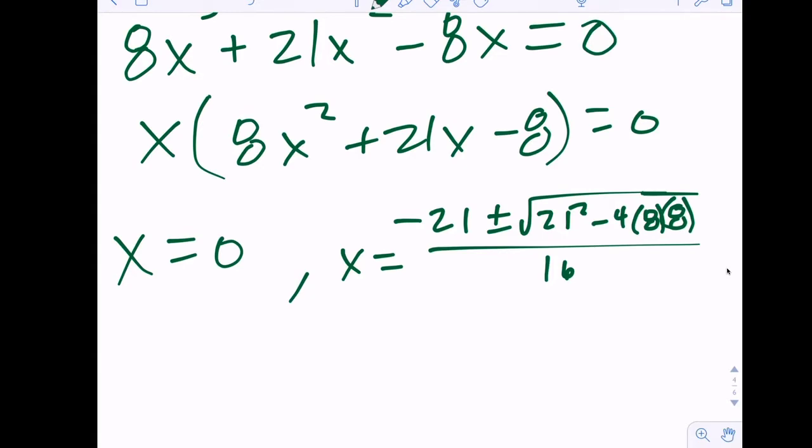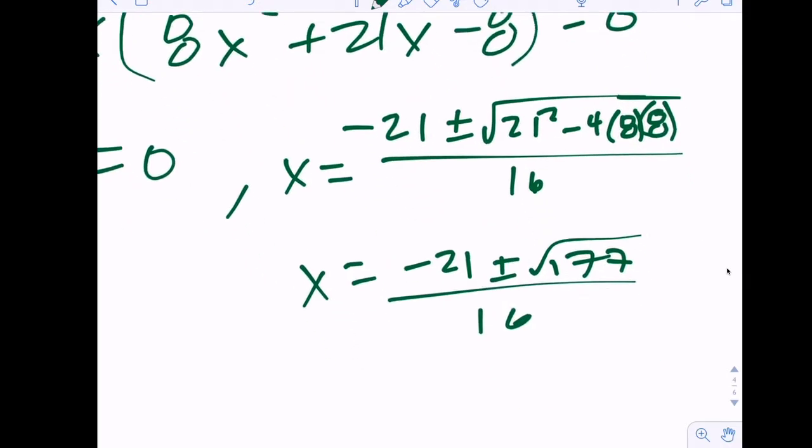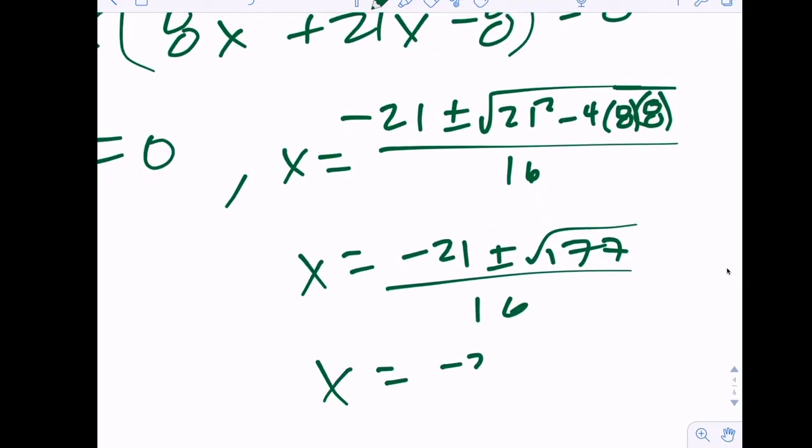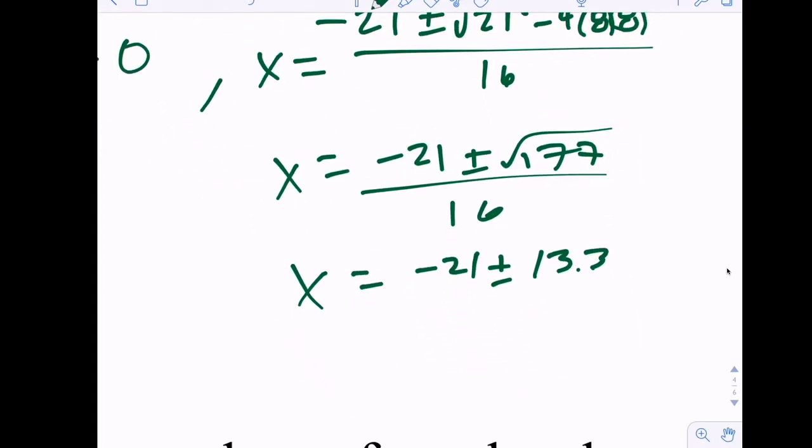The square root of 177. So negative 21 plus or minus the square root of 177 all over 16. So the square root of 177 is approximately what? Let's call it 13.3, just for the sake of argument, over 16.